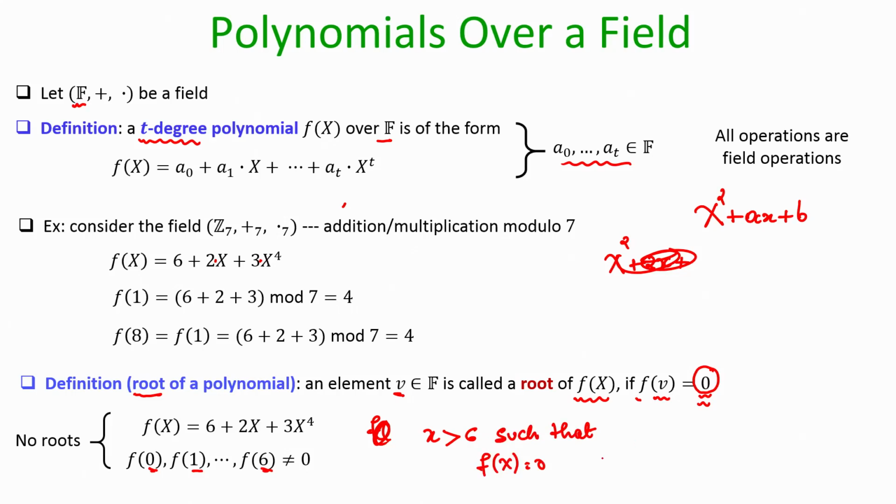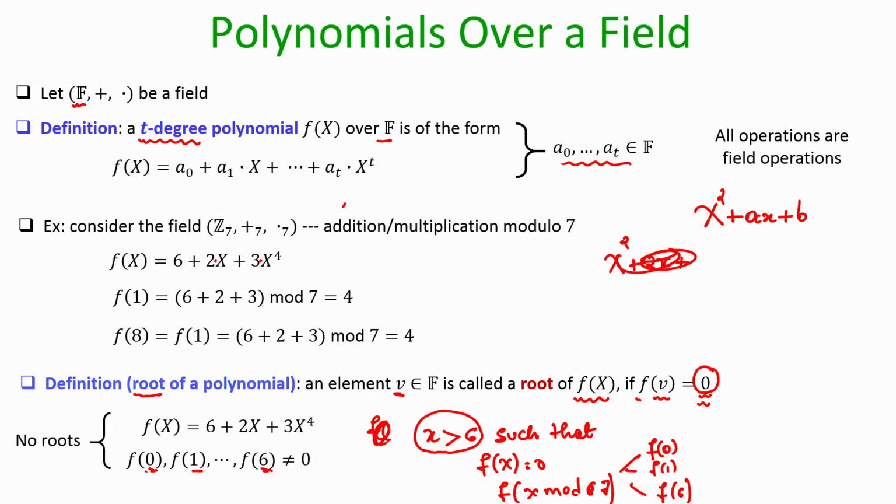Well, that is not possible, because if you take any x greater than 6 and try to compute the value of f of x for such an x, then that will be one of these 7 possible values. f of x will be the same as f of x modulo 7, sorry, and this will be either f of 0 or f of 1 or f of 6.